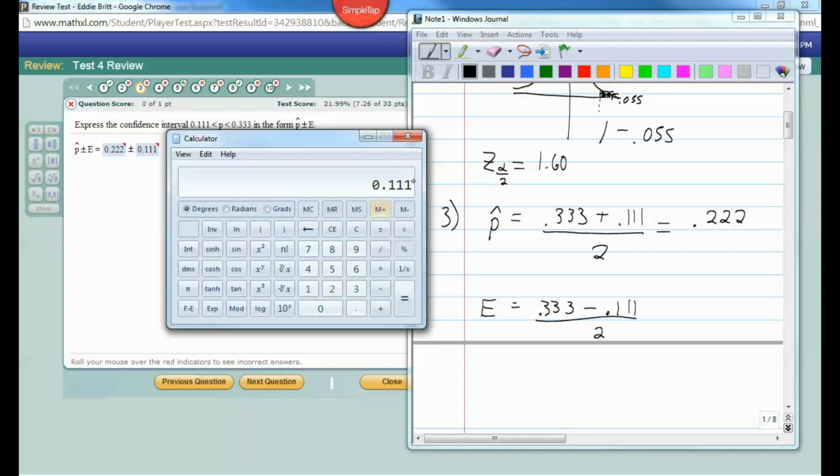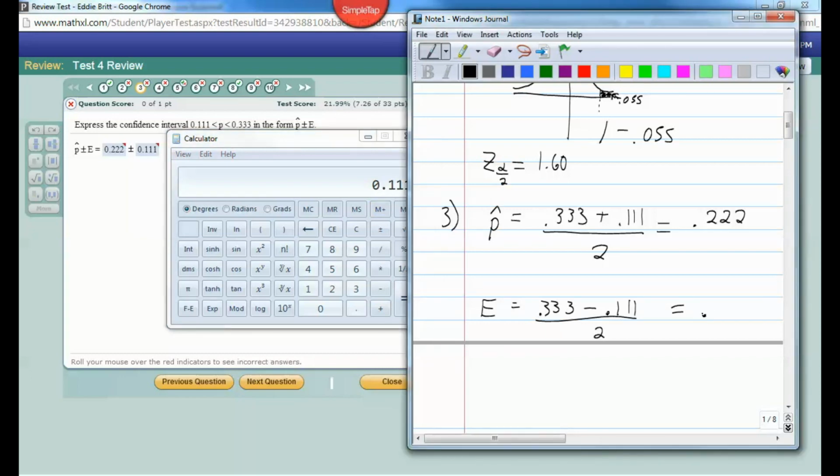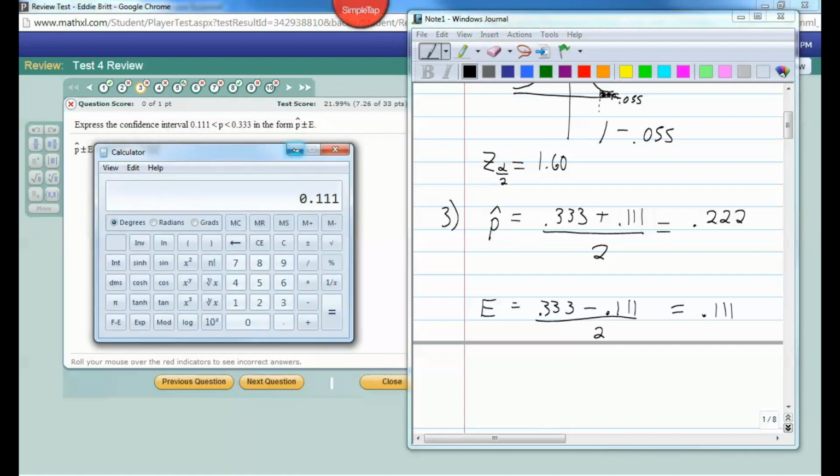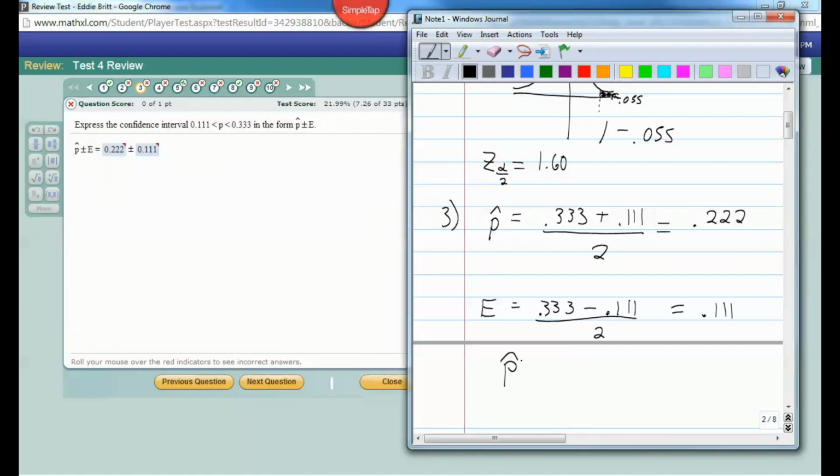So it's 0.111. Alright, so the problem asks us to write that as p hat plus or minus the margin of error. So that's 0.222 plus or minus 0.111.